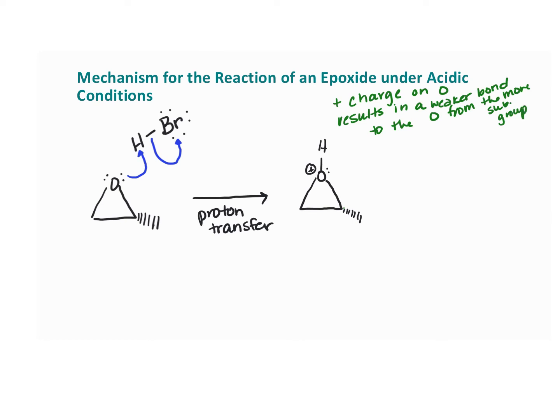So what that means is that this is going to have a much bigger partial positive than this guy over here, okay? And so that larger partial positive, when the bromine comes in, it attacks right here and that opens, okay?